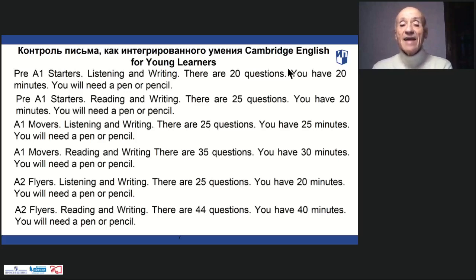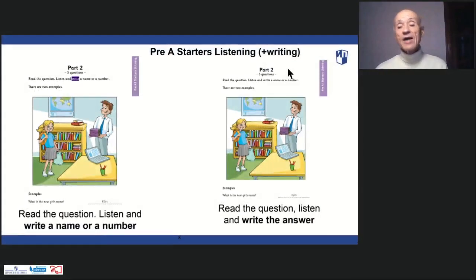A2 flyers, listening and writing, 25 questions within 20 minutes. And A2 flyers, reading and writing, 44 questions, quite a bulky task, for 40 minutes of intensive work.